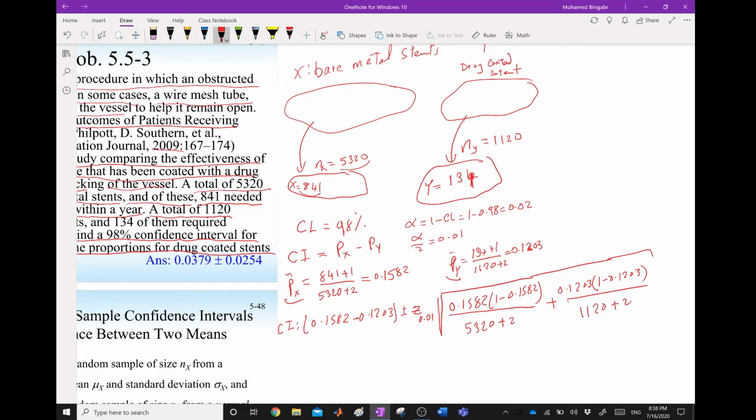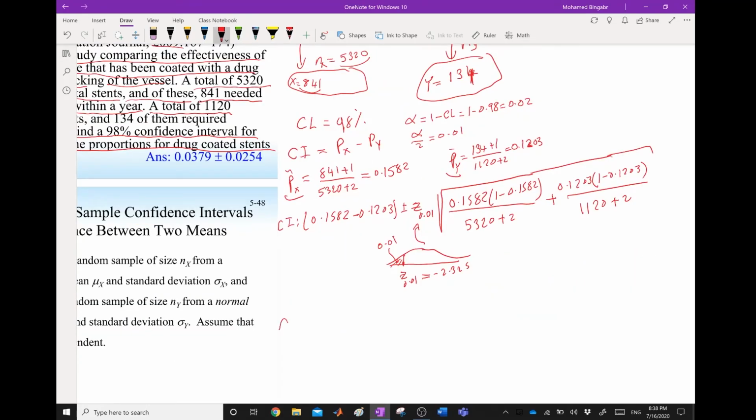And if I try to find this z using the standard normal distribution, we're going to use the table. For a probability, this area here should be 0.01. And if you look at the table, you should find minus 2.325.